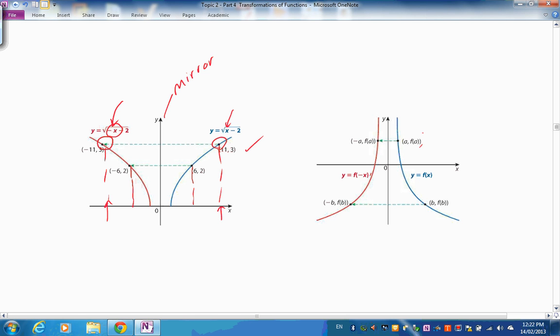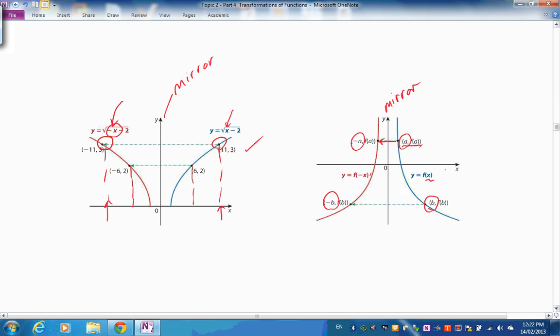All right, so in general, a point up here on the function that's going to be reflected goes across and is an equal distance on the other side of the y-axis, because we're using the y-axis as the mirror. And so A becomes neg A. And B down here has to go the same distance on the other side of the mirror, neg B.